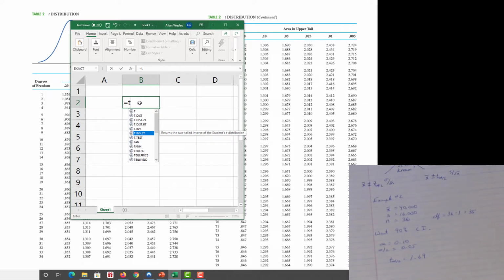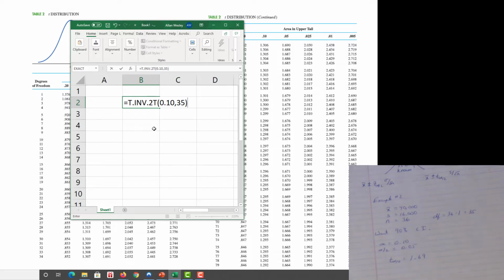A confidence interval is two tails. In theory, we could find a one-tailed version of this as well. So T.INV.2T, and we see probability. All that probability means is your alpha. Excel will do the divide by 2 behind the scenes, so 0.10 is our alpha. In the lab, they'll show you how to do it more neatly, where you set it out and everything. I'm just using this strictly as a calculation and table lookup.